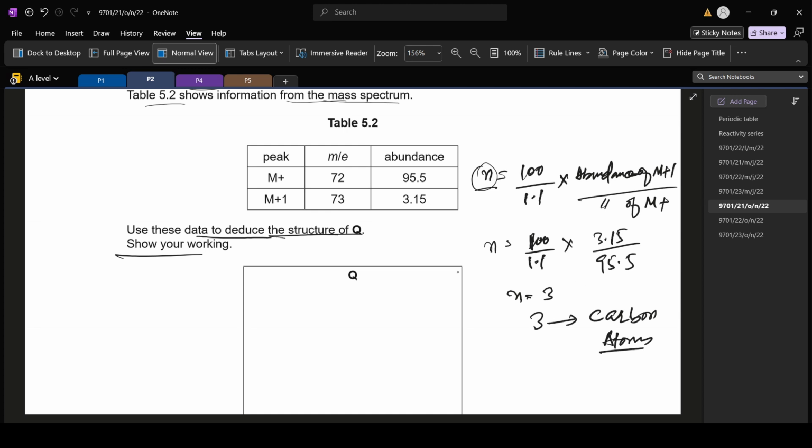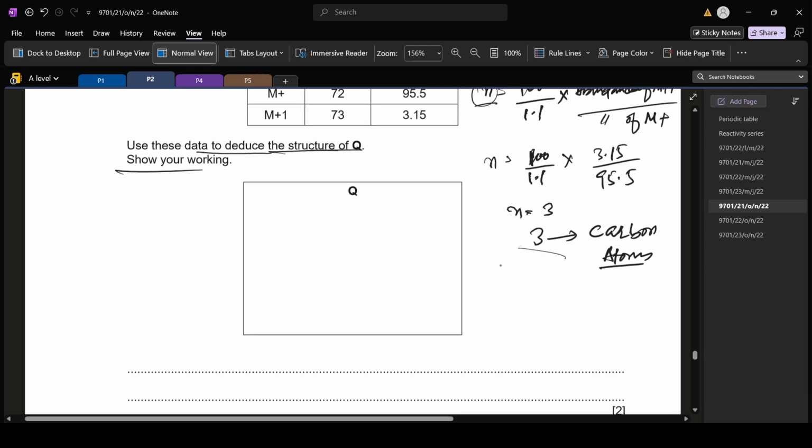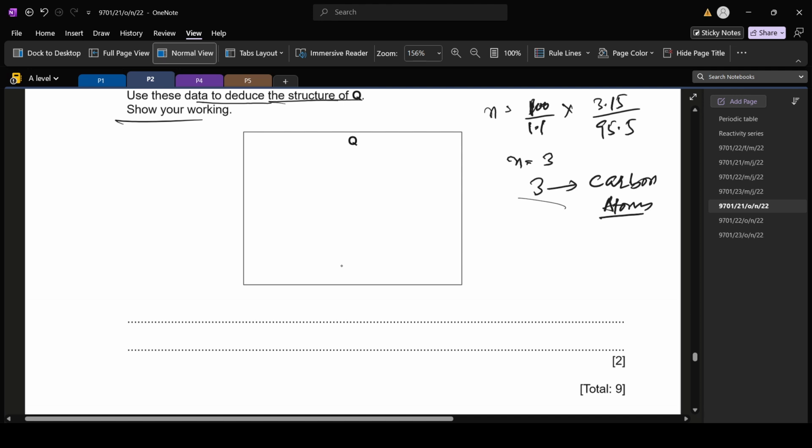Now you know that it is a lactone and there are 3 carbons, so you can deduce the structure. The structure is going to be like this.